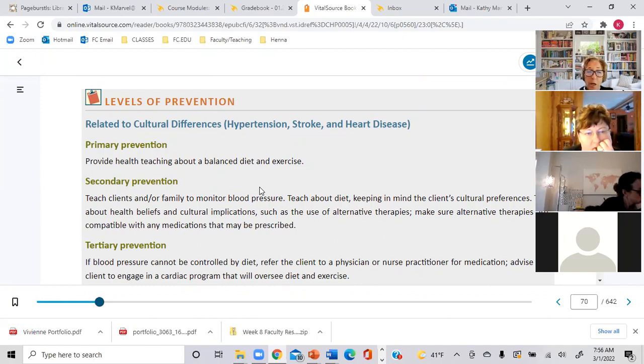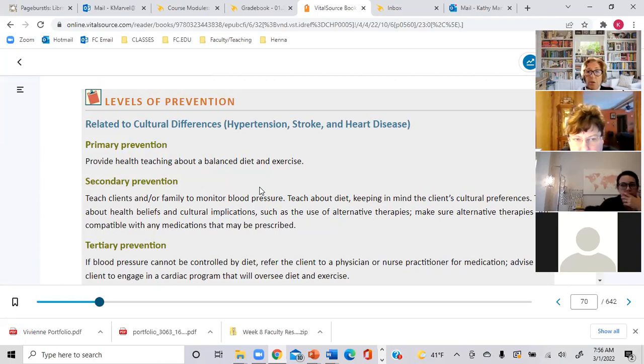Secondary: teach clients or family to monitor blood pressure, teach about diet, keeping in mind that the client has cultural preferences. Talk about health beliefs and cultural implications, such as the use of alternative therapies. Make sure alternative therapies are compatible with any medications.